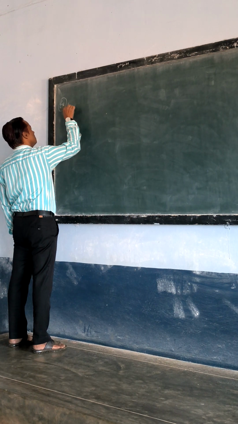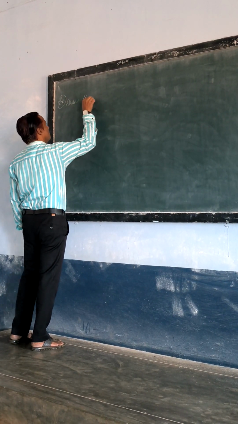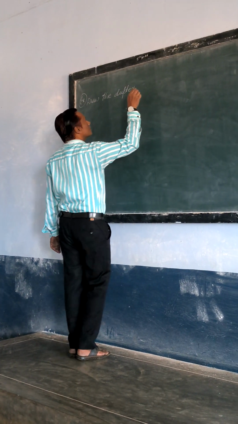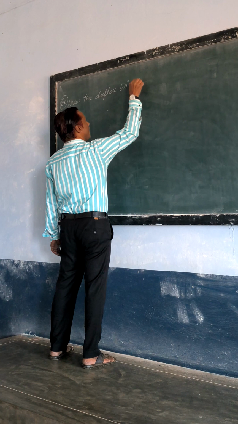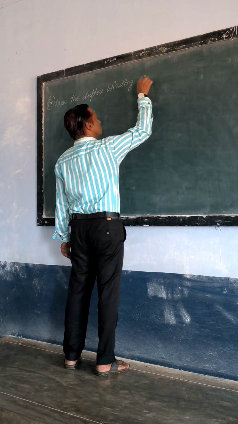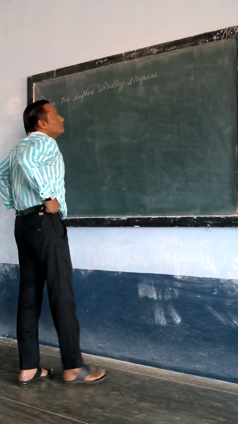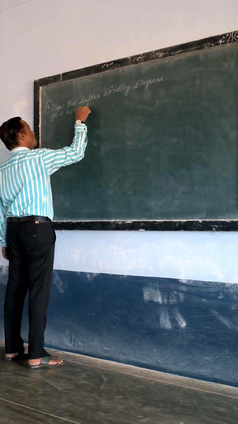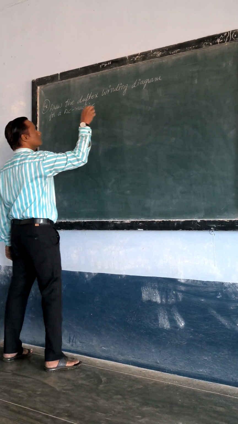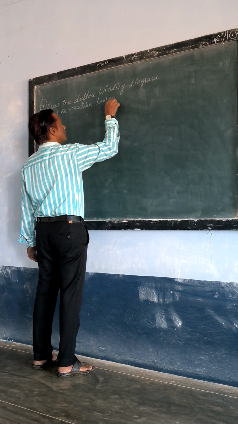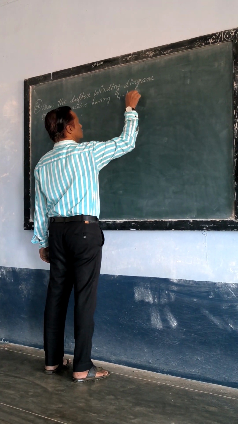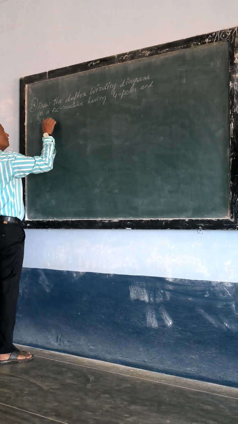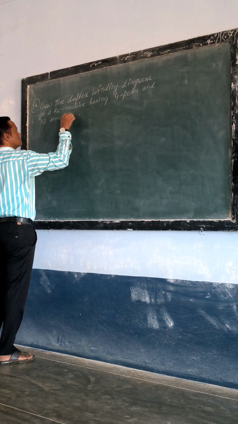Different type of problem. Draw the duplex winding diagram for a DC machine having 4 poles and 32 armature conductors.